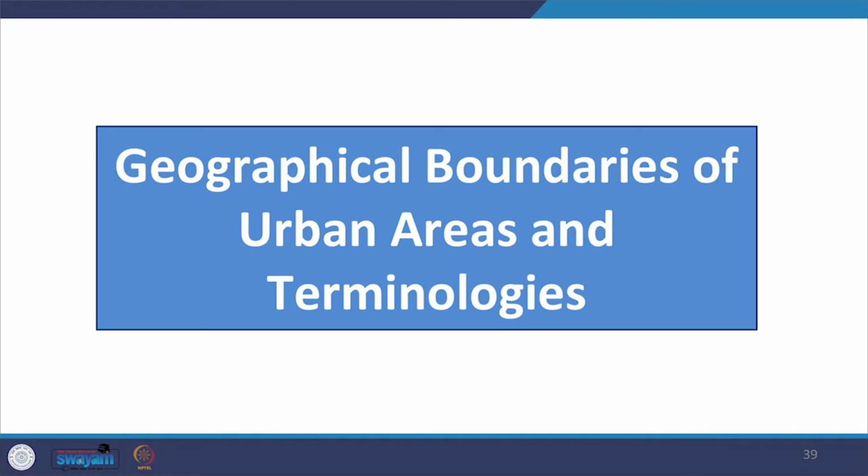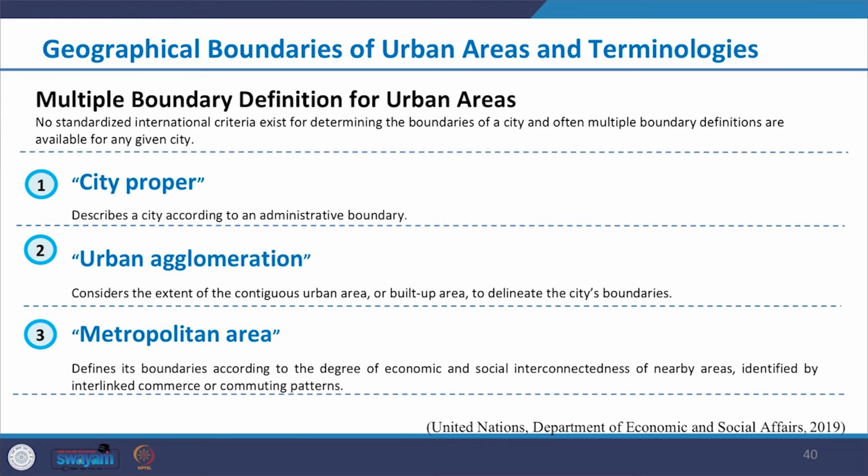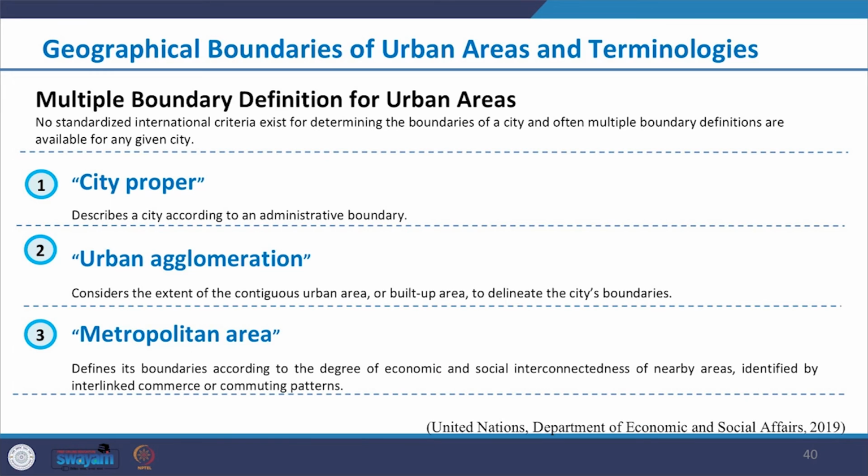Now, we will look at the geographical boundaries of urban areas and the involved terminologies. Multiple boundary definitions exist for urban areas. Internationally, there is no standardized criteria for determining the boundaries of the city, and often multiple boundaries are given for a city. One type is the city proper, which is described as a city according to the administrative boundary.